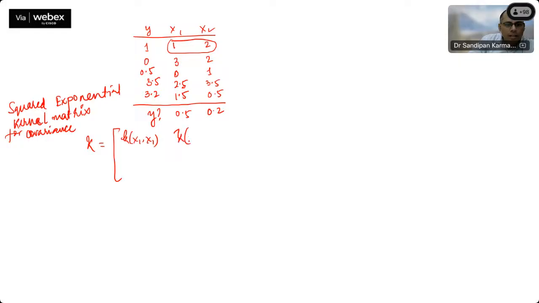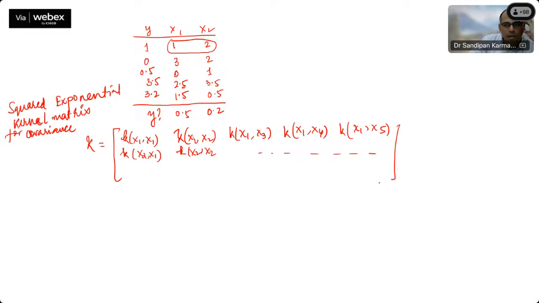Then k(x1, x2), then k(x1, x3), then k(x1, x4), and then k(x1, x5). Then k(x2, x1), then k(x2, x2). Like this you are filling it up. So this will be a 5 by 5 matrix.